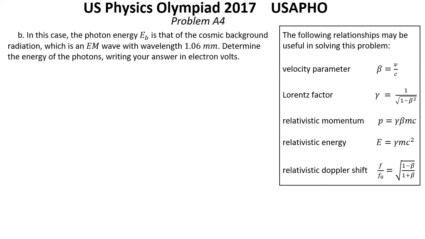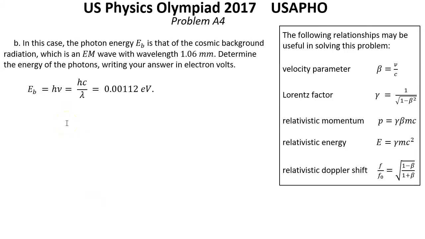Here we can use the expression for the energy of a photon, which is h nu, where h is the Planck constant and nu is the frequency. And the frequency equals the speed of light over wavelength. Finally we can put in numbers and get this result. That was the answer for question B.